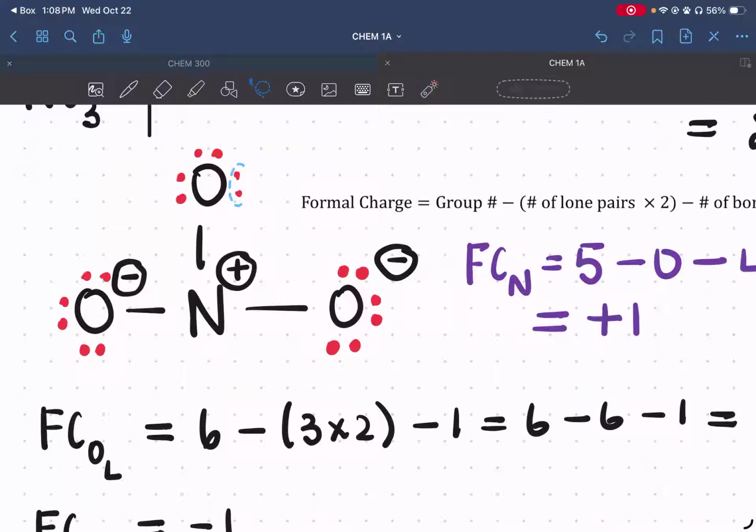So we picked a lone pair and added it to the bonds for a total of a double bond. In doing so, the nitrogen now has 1, 2, 3, 4, 5, 6, 7, 8.